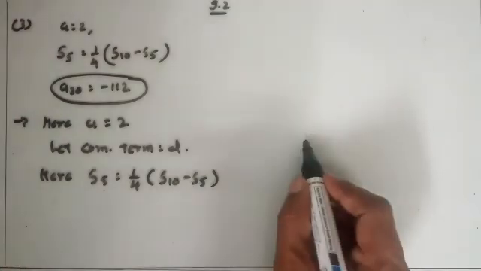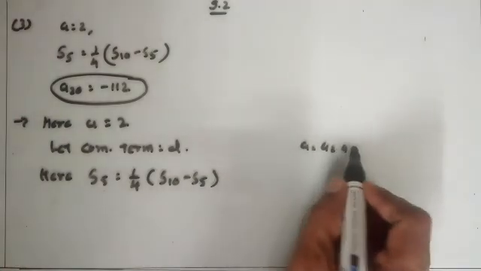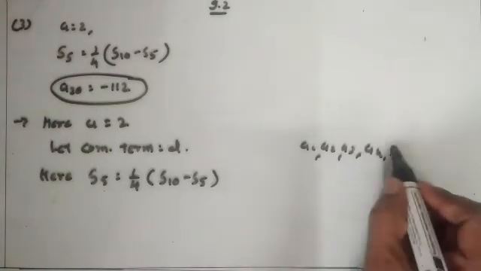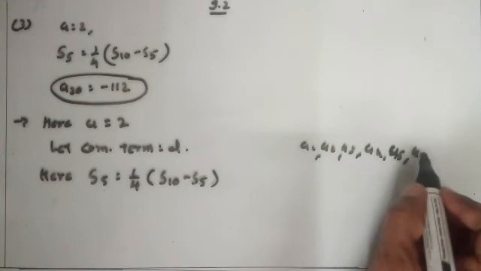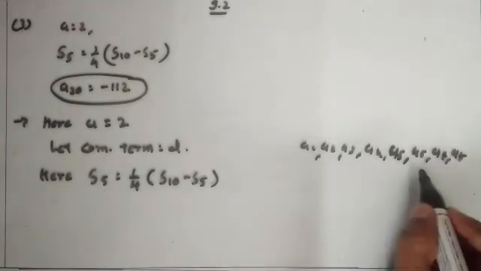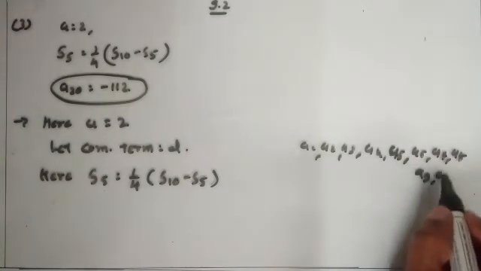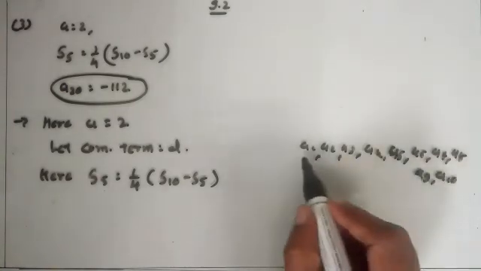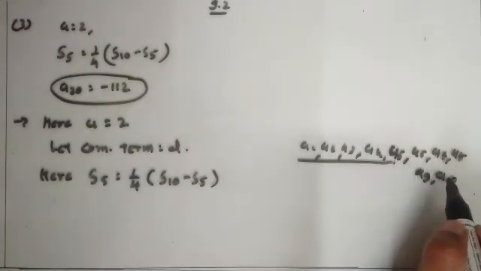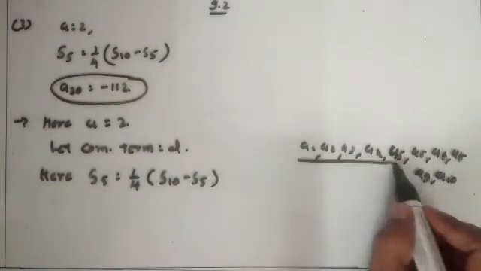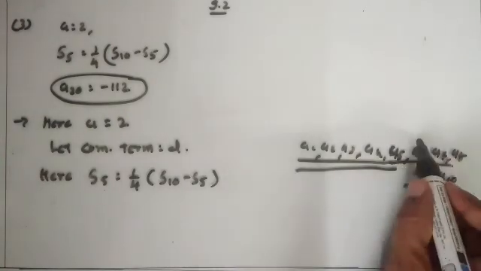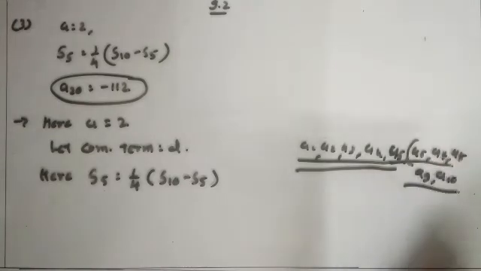Here if we have a1, a2, a3, a4, a5, a6, a7, a8, a9 and a10, then the sum of the next 5 terms, that is S10 minus S5, becomes the sum of a6 to a10.